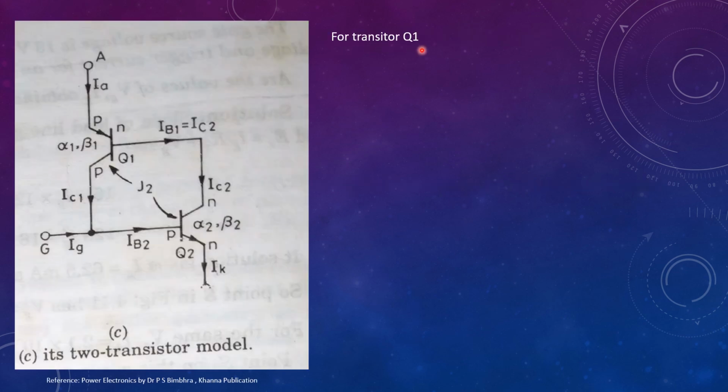For transistor Q1, as shown over here in the figure, the emitter current IE is the same as the anode current IA. The collector current IC for transistor Q1 is IC1. The collector current IC1 is given by IC1 is equal to alpha 1 IE.